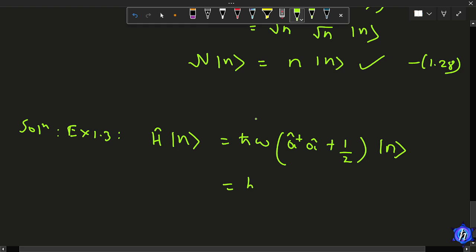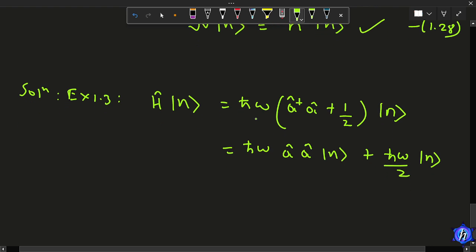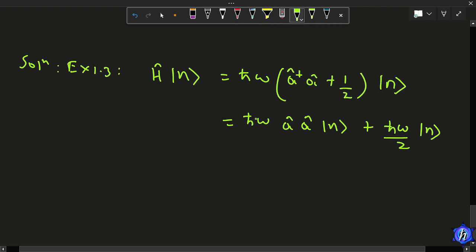And we can just split it out: h cross omega a dagger a acting on n, plus h cross omega by 2 times n, state n. So this can be written as h cross omega.